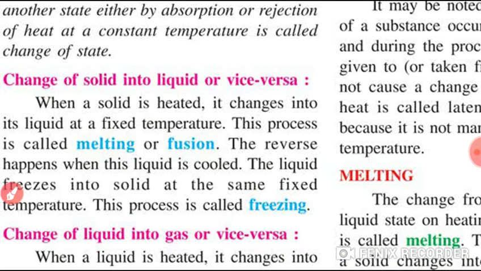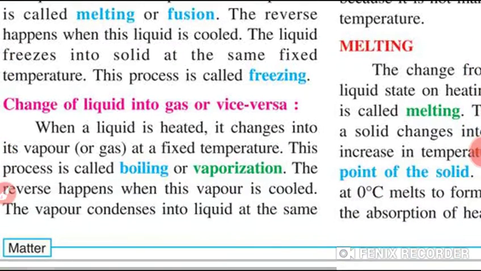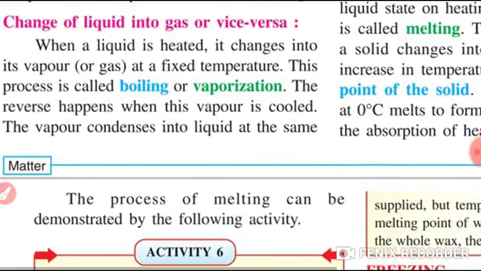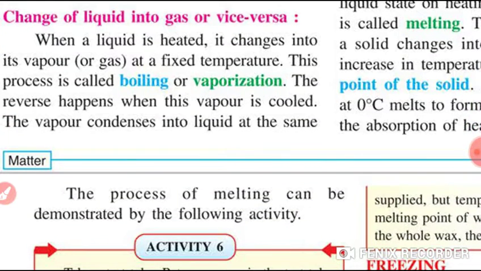The reverse happens when this liquid is cooled. The liquid freezes into solid at the same fixed temperature. That is called what? Freezing. Now we will study the change of liquid into gas or vice versa. When a liquid is heated, students, it changes into vapor, meaning gas, at a fixed temperature.